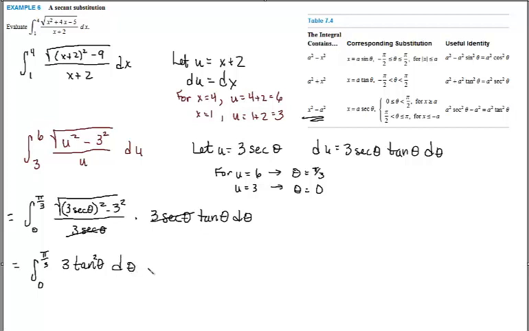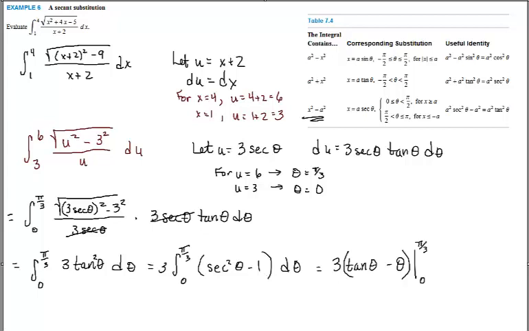And then I can write that this is equal to the integral of, put a 3 out front, from 0 to pi over 3, secant squared theta minus 1 d theta. And that one is really pretty because that's just going to be tangent theta. This one's really pretty because it's just going to be theta, and I'll write that down.